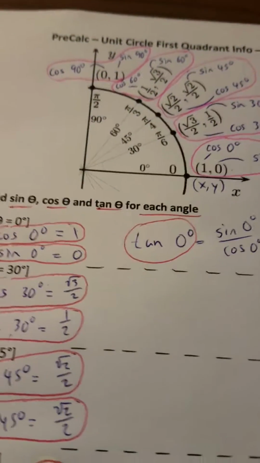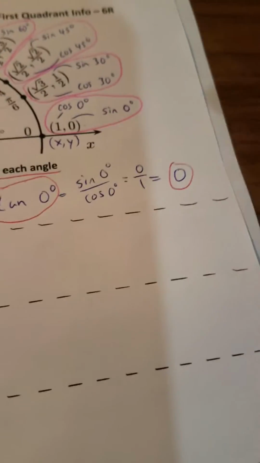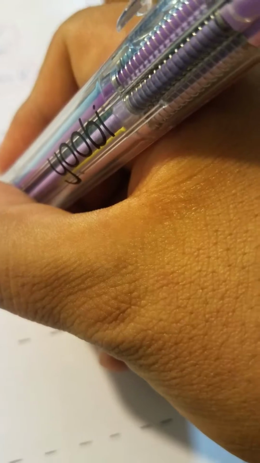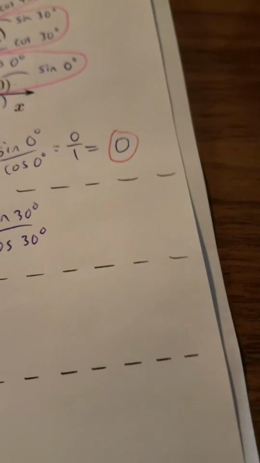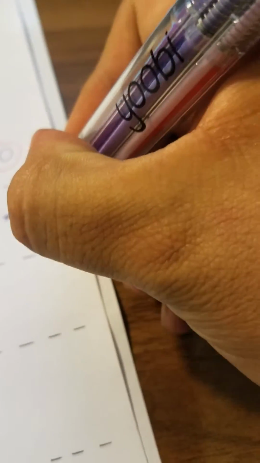So we go to the next one. This one's going to require some division, but we can set it up right away. The tangent of 30 degrees is going to equal the sine of 30 over the cosine of 30. For this one, we can split this up into the sine of 30 degrees over 1 multiplied by 1 over the cosine of 30 degrees.